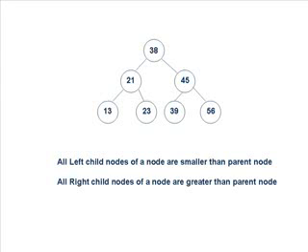This is verifiable for any node that has a child node. For example, 45 has two child nodes. 39 is the smaller value, so it is on the left hand side, and 56 is a larger value than 45, therefore it is placed on the right hand side.